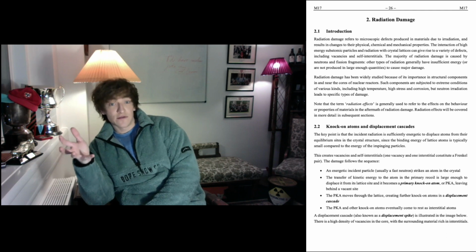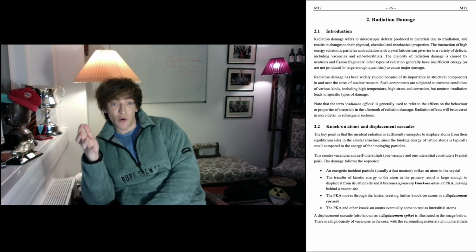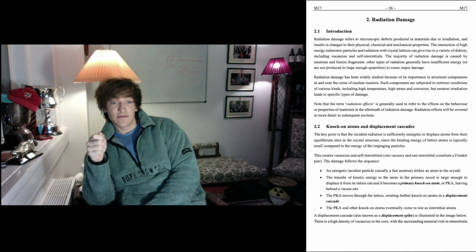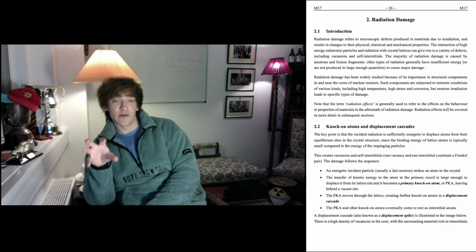Well, that depends on several factors, the most important of which is the energy of that incoming particle. If this energy is high, that energy is generally sufficient to displace an atom from its equilibrium site in the crystal structure, because the binding energy of lattice atoms is much lower compared to the energy of the impinging particles.